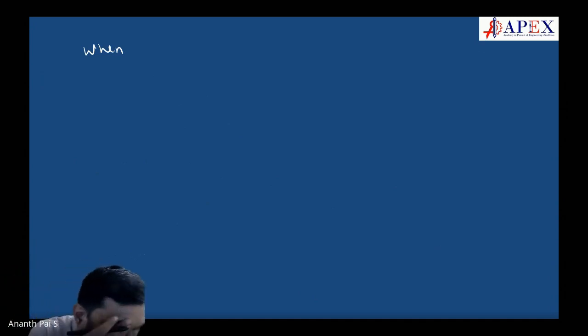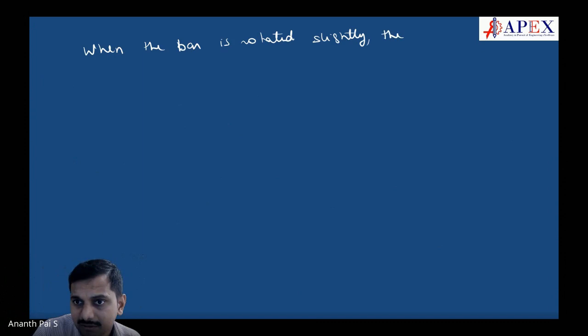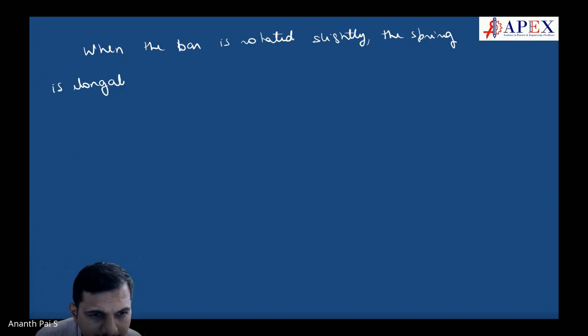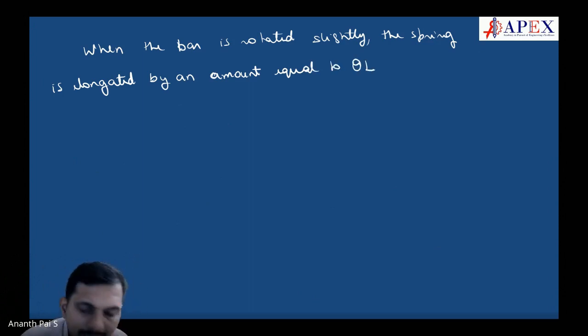Now here, when the bar is rotated slightly, the spring is elongated by an amount equal to theta into L, where L is the length of the bar.